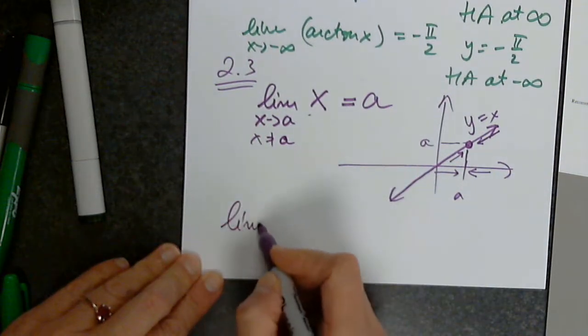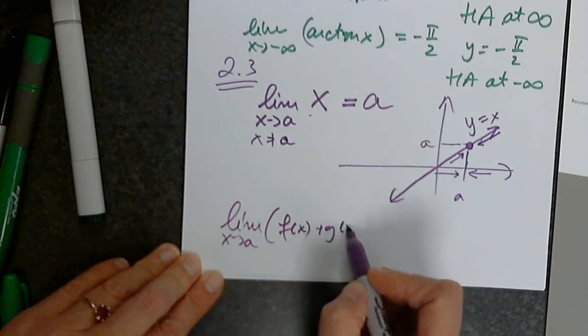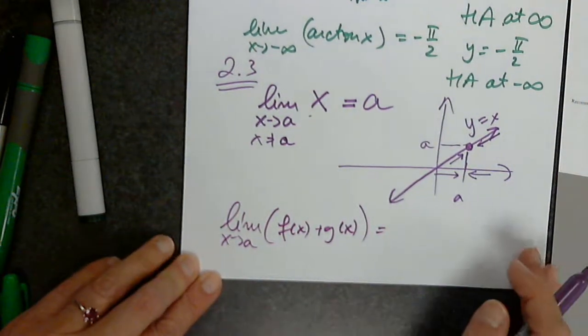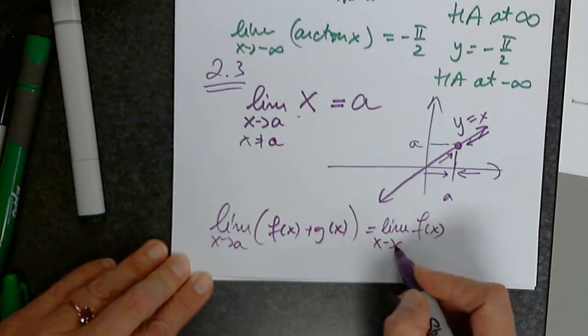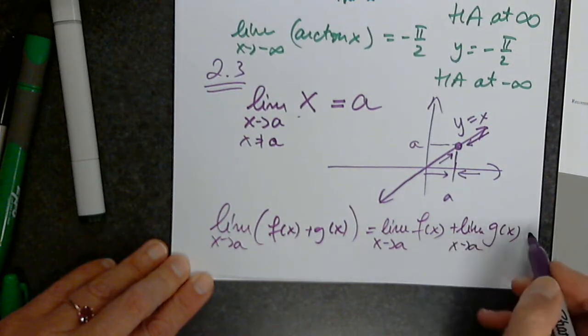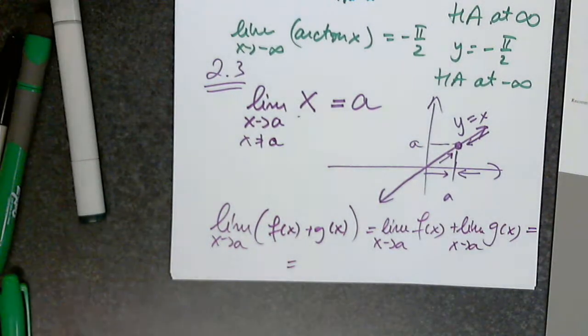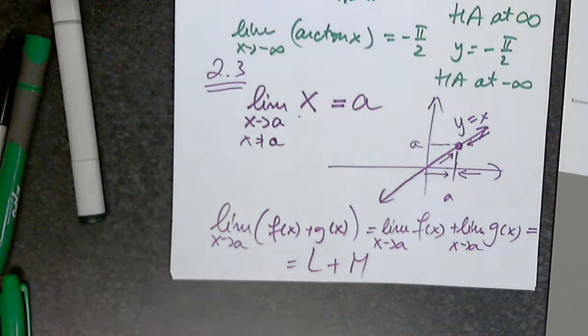So the limit as x approaches a from either side of f of x plus g of x equals the limit of f of x as x approaches a plus the limit of g of x as x approaches a. In short, what does this equal to? Exactly. L plus M. Very good.